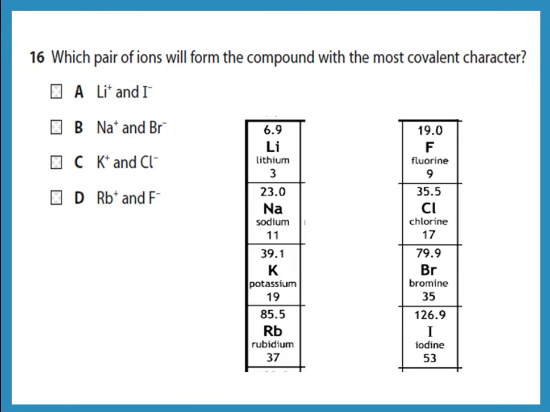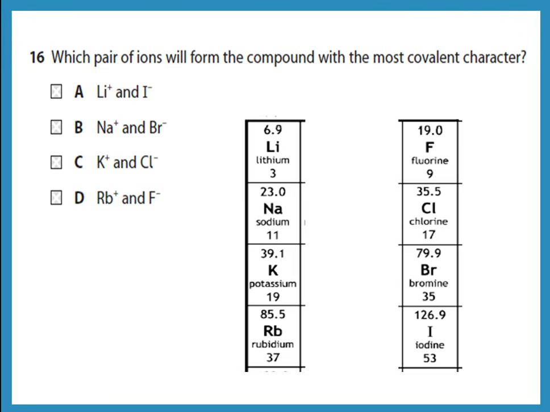If I have a very reactive metal, it will do ionic, not covalent. So in group 1, lithium, sodium, potassium, rubidium, which one is more likely to form a covalent character? It will be the lithium, the less reactive metal. Now, in group 7, remember that the reactivity decreases as I go down.